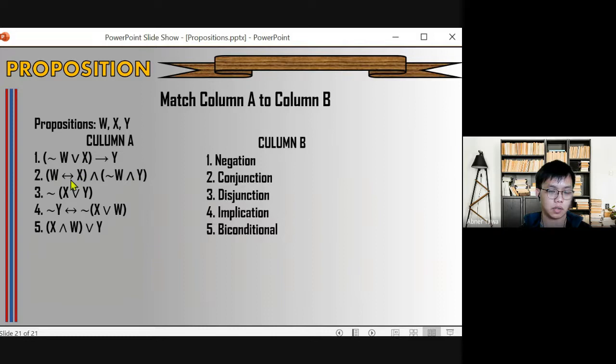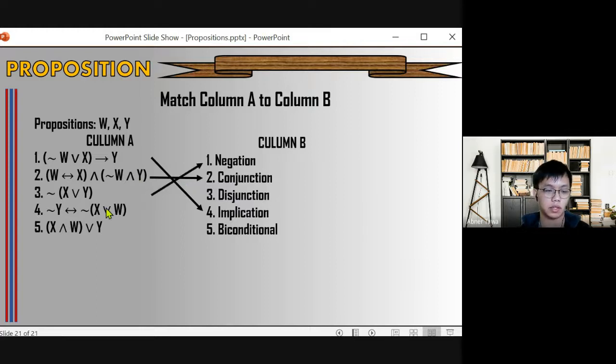Okay, so, we have here the first conjunct, which is a biconditional, and the second conjunct is another conjunction. So, number 2 is a conjunction. How about number 3? Negation, sir. Okay, so number 3 is negation. Very good.